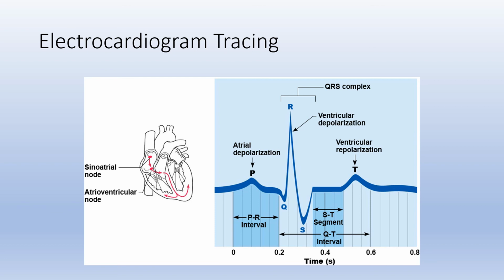You also need to be able to identify the QRS complex, the PR interval, the ST segment, and the QT interval. This graph on the screen represents one cardiac cycle. This graph represents the atria contracting and resetting, the ventricles contracting and resetting.